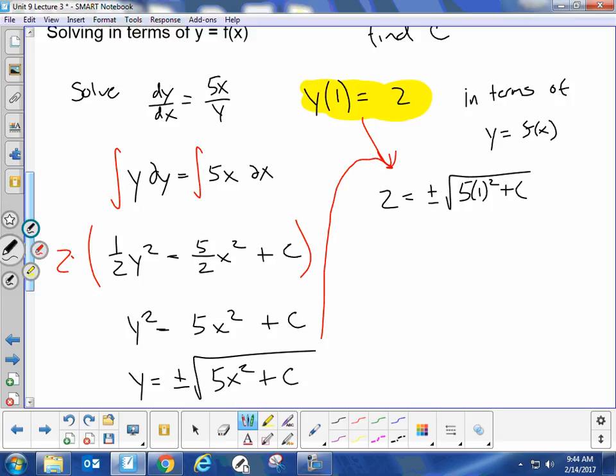Does this mean there are two c's? Well, if I square both sides to get rid of the square root, the whole plus or minus ends up just being a plus. So I just get this, which means c is just -1. So plugging that c in, I get y equals plus or minus root 5x squared minus 1.